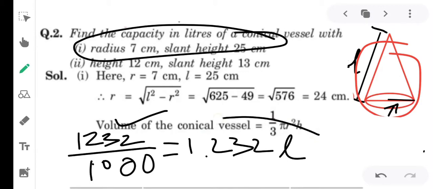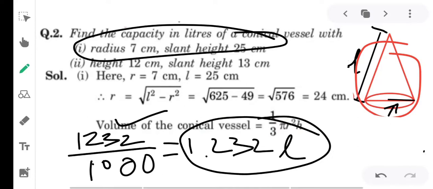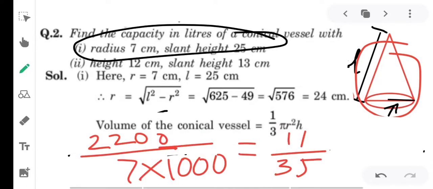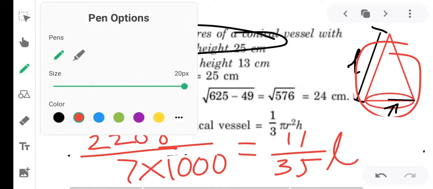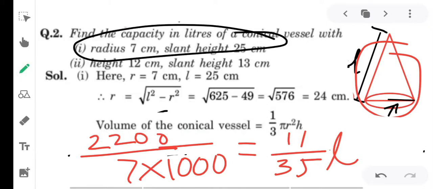So we will get this answer, right? Now in the case of the 2200, right? So students, in the case of 2200 upon 7, right? So we have to divide it with the 1000, right? So we will get 11 upon 35 liter. So how it is possible? You can see here the 0 is cancelled out with 0, right?